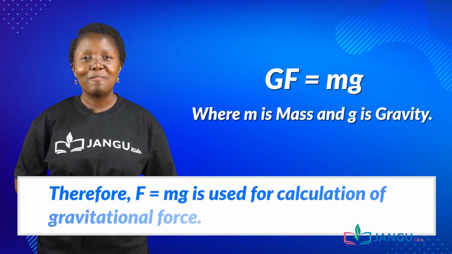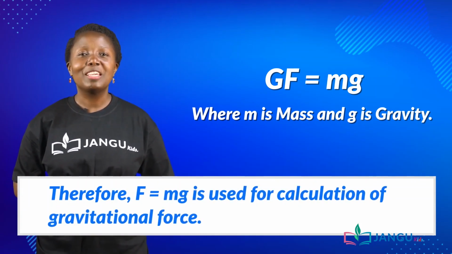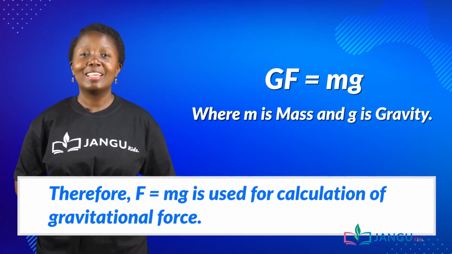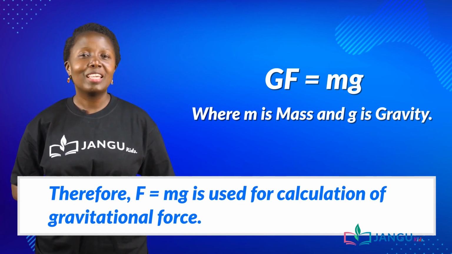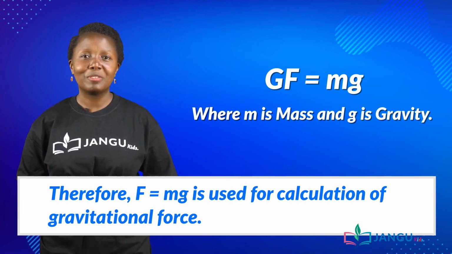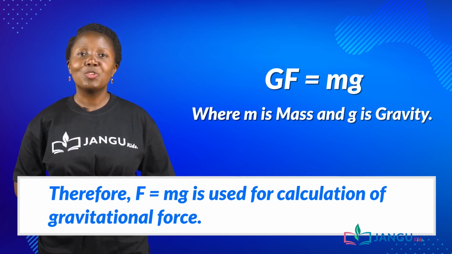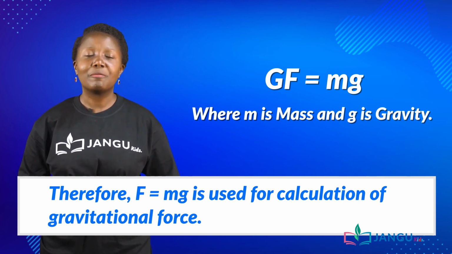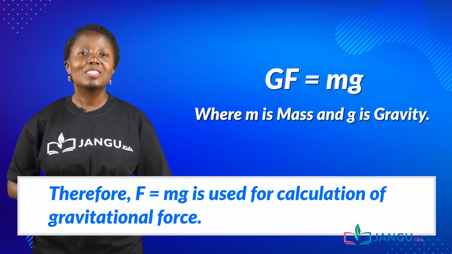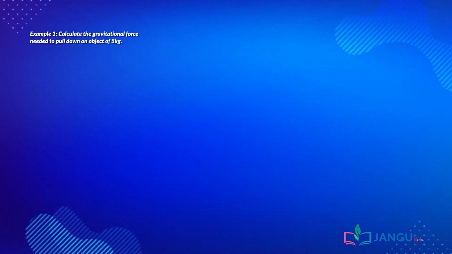Therefore, F is equal to mg, where F is force and mg is mass times gravity. This is used for calculation of gravitational force. Let us now look at some examples.